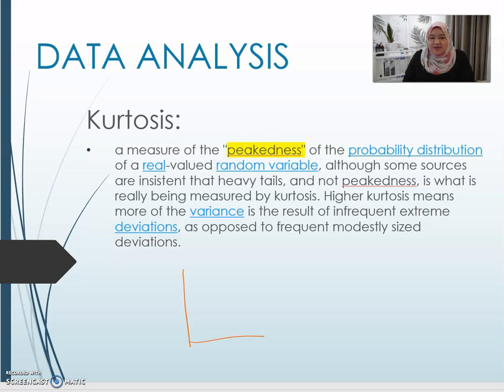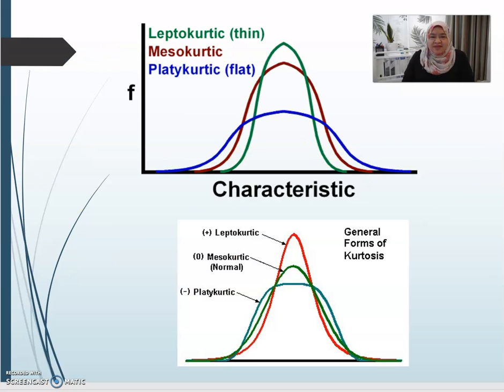This is your bell curve from just now, and this is what we call thickness. Higher kurtosis means more variance of the result, as opposed to frequent modestly sized deviations.